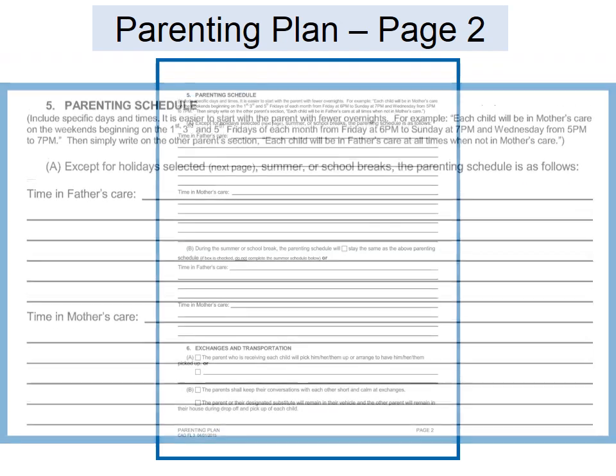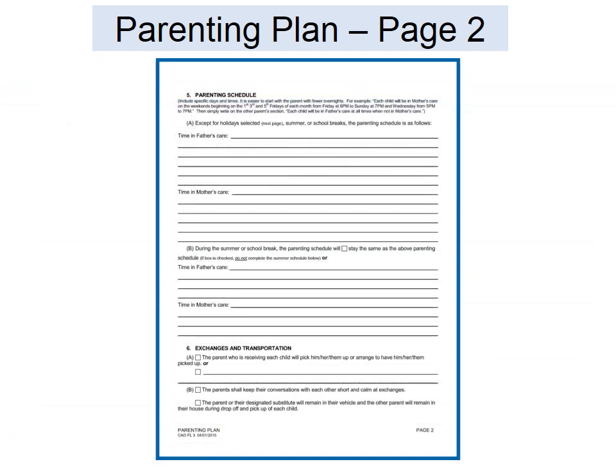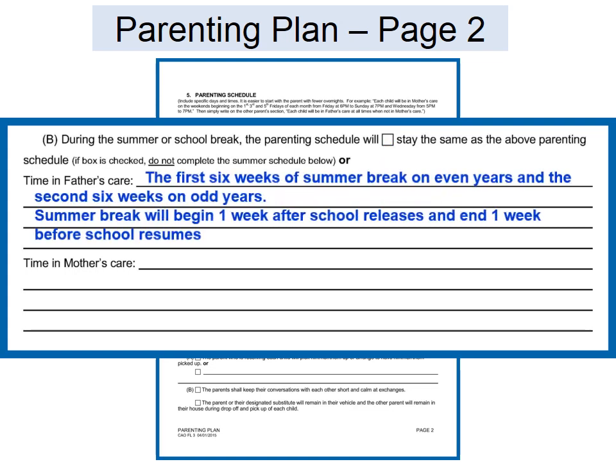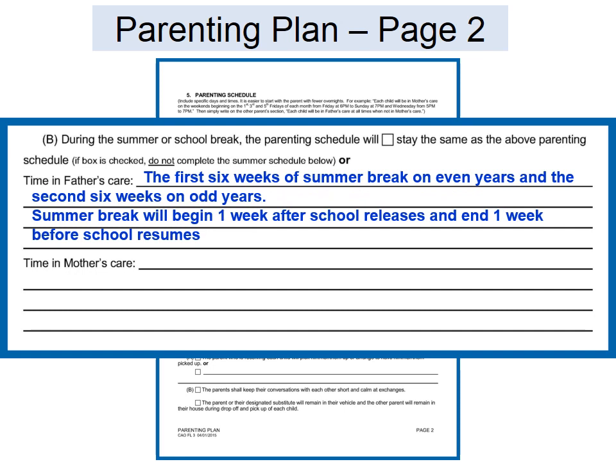Moving on to section B of paragraph 5, you can outline what your requested summer schedule will be. If your schedule will stay the same as above, you can check the corresponding box and move on. If your schedule will change for the summer, use section B of paragraph 5 to describe your schedule.